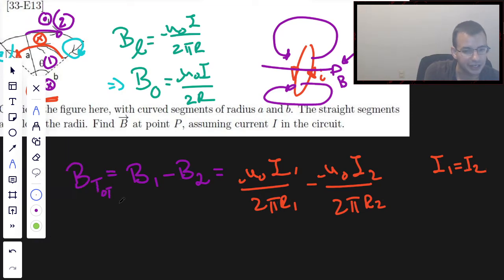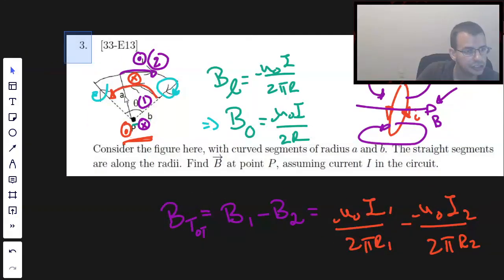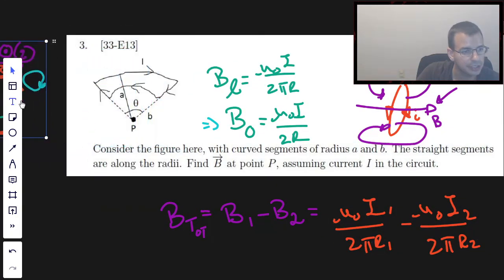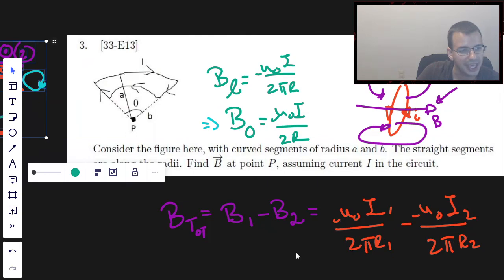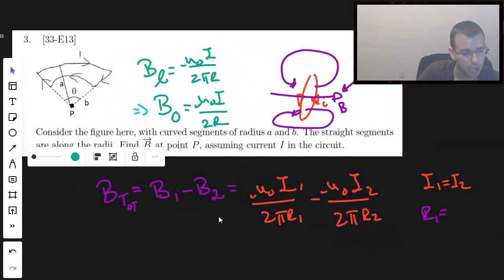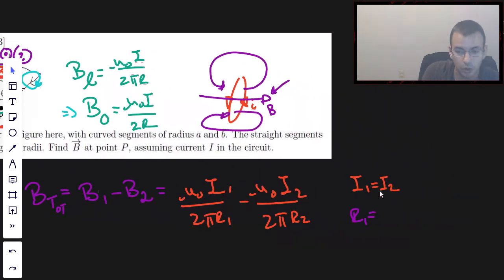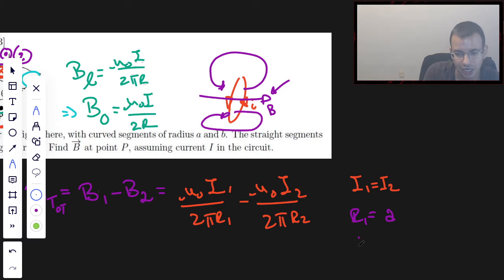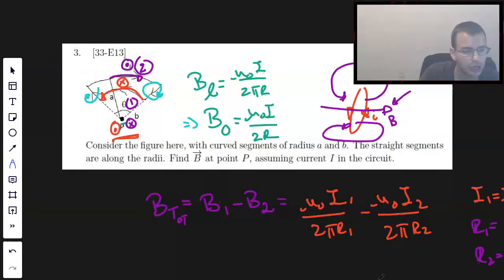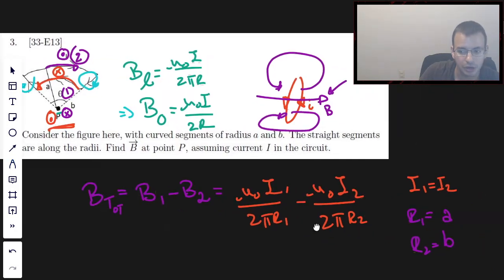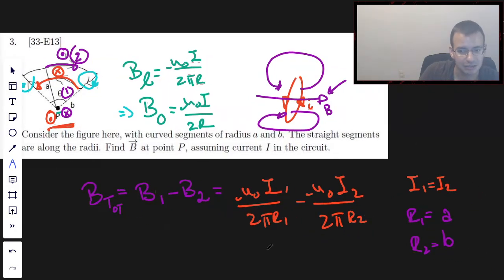And I'm going to say that R1 equals, let's see here, so messy, clean it up a little bit. So it looks like we have A and B. So R1 is going to be A, and R2 is going to be B, where B is less than A.